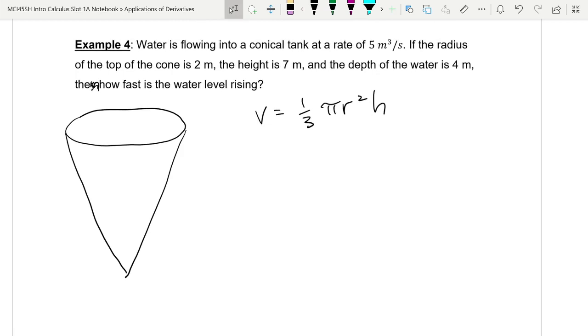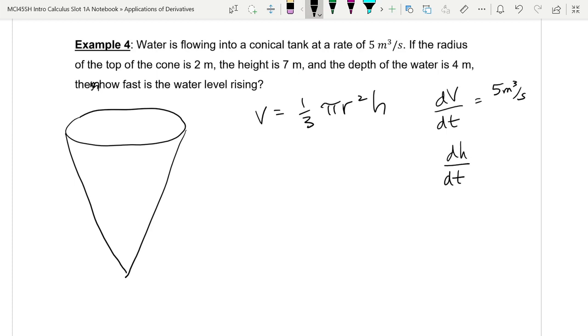Well, the givens that we are told are, we're told that the volume this time is changing at a rate of 5 cubic meters per second. And what we'd like to know is dh by dt, right?